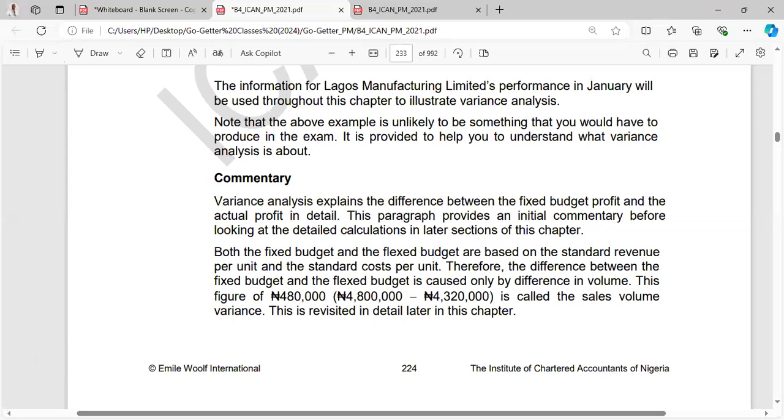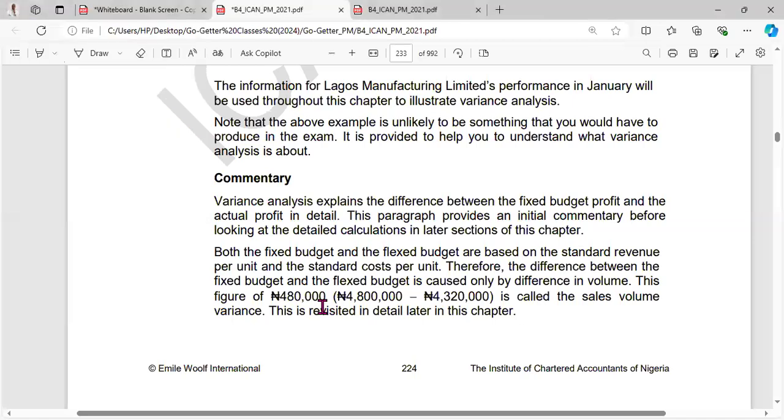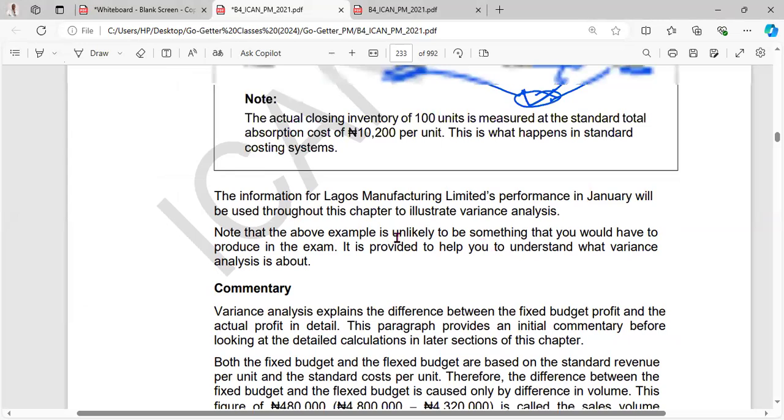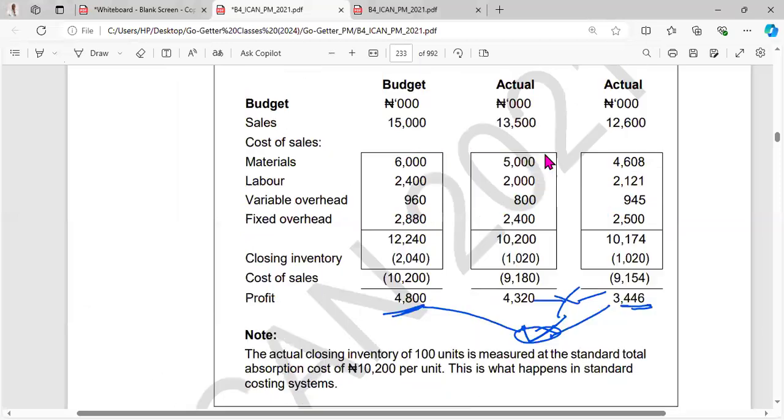So this is not just going to be dividing this thing by 900 or by 1,000. No. This 480,000 we have here is what we call sales volume variance. That is the difference between these two, and that's the only difference. Every other thing now is in line.